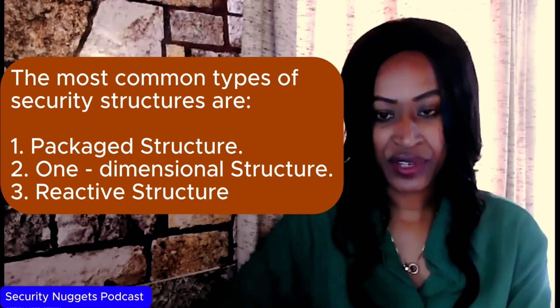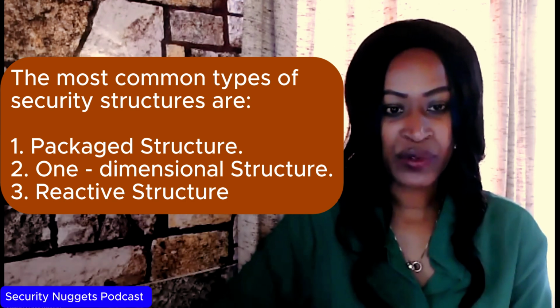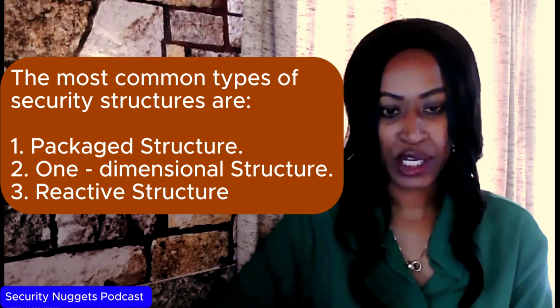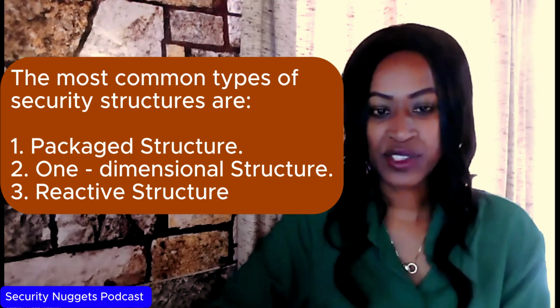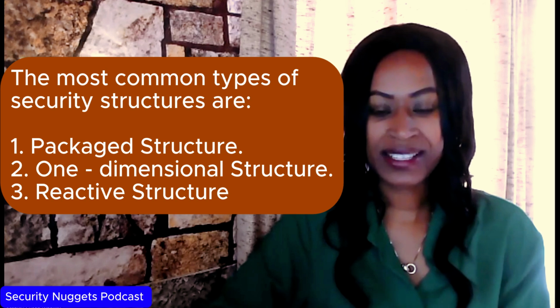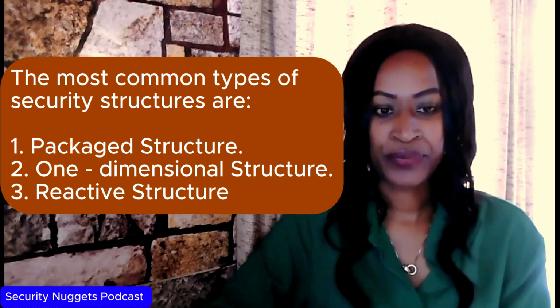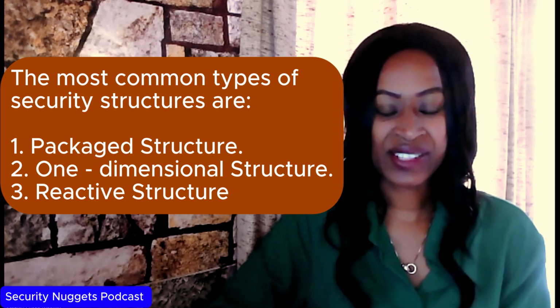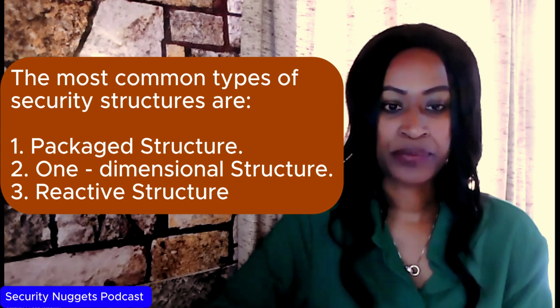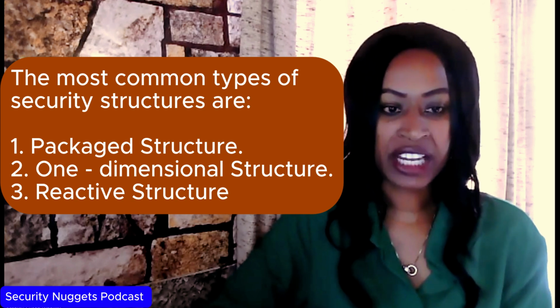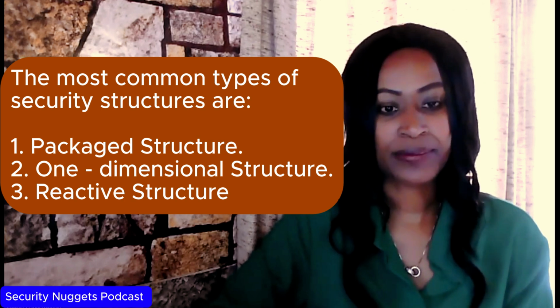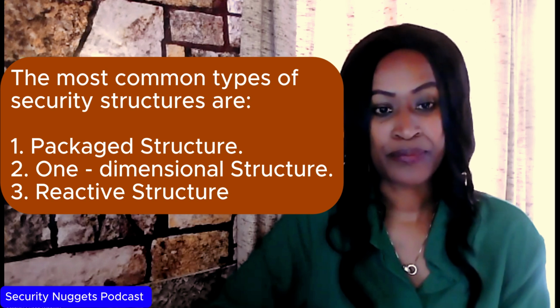In this sort of structure, you are bound to find the most common baseline security measures. The second structure is the one-dimensional structure. This structure relies on a single deterrent, which can be in form of security guards or an insurance cover.